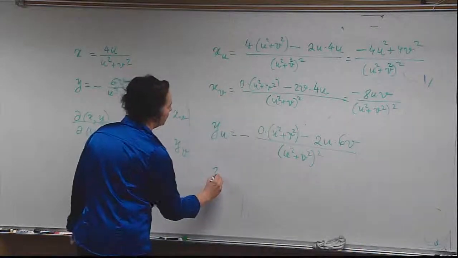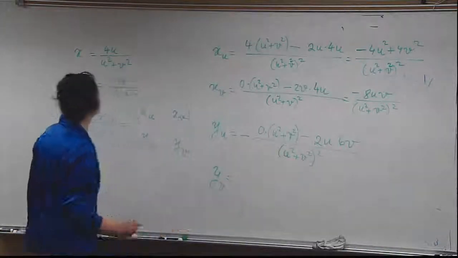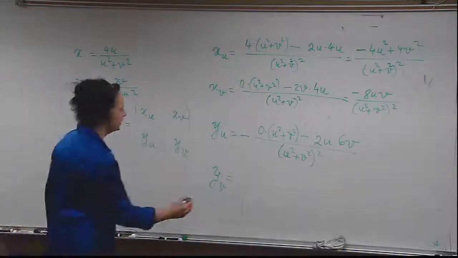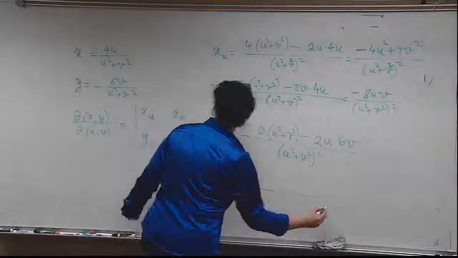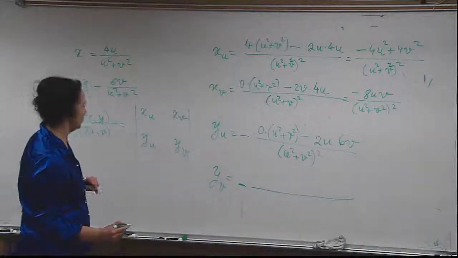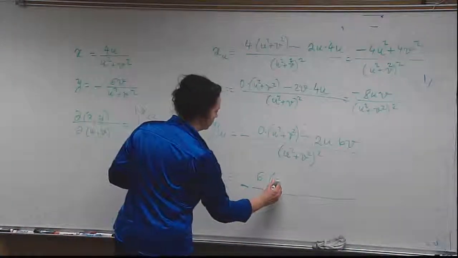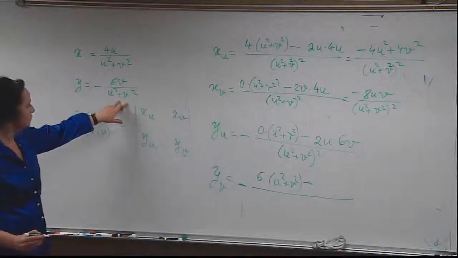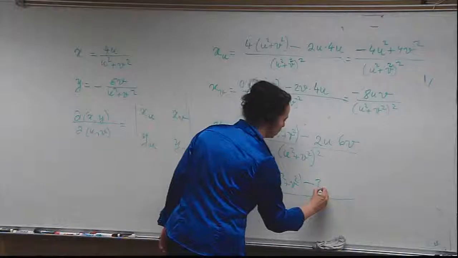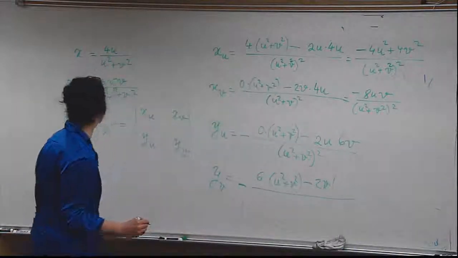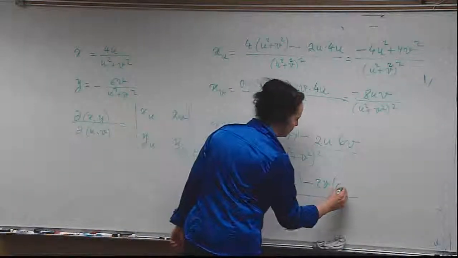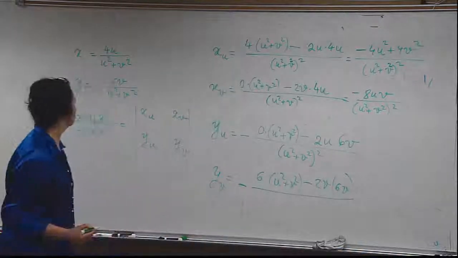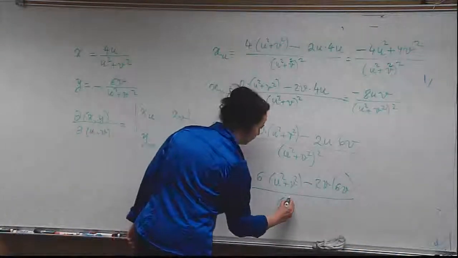And finally, y sub v equals minus the derivative of the top with respect to v, 6 times u squared plus v squared, minus the derivative of the bottom with respect to v times 6v, divided by the whole shebang.